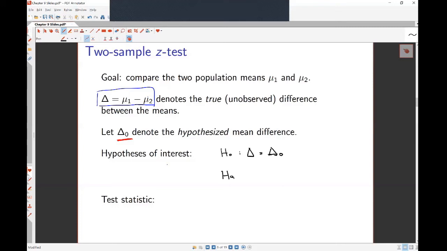And the alternative can again either be a complete negation or it could be a directional negation, so a partial negation. Now, what you'll see a lot of the time is that it's fairly common that we have this delta naught equal to 0. That's not always going to be the case, but it's a very common situation encountered.